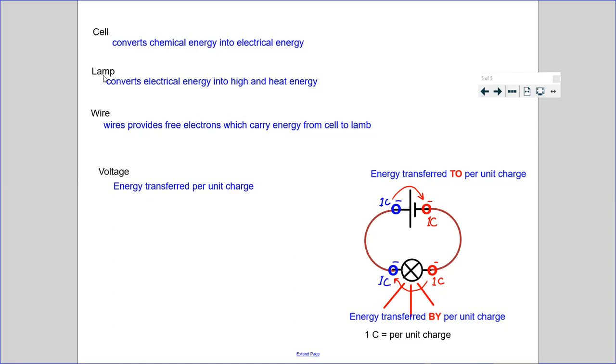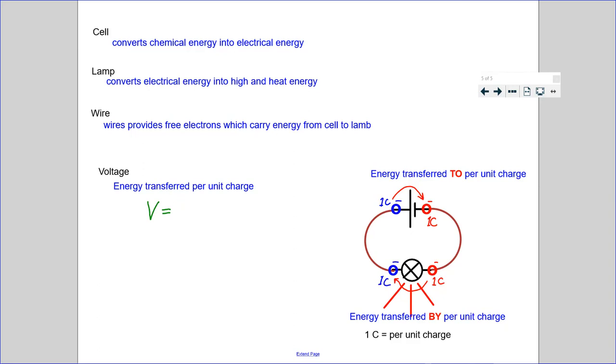That's why it will be measured in volts. In this voltage definition, remember not to represent the energy in this topic with the symbol E, because you will get confused with the EMF. Remember, from the work energy principle, work done is equal to energy transferred. That's why we are going to write energy as the symbol W. Why W? Because work done is equal to energy transferred.